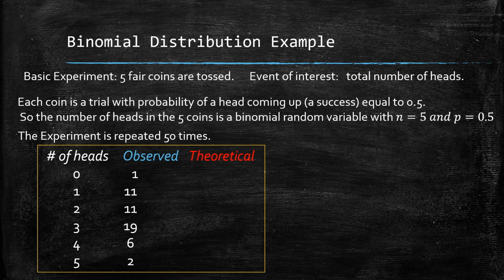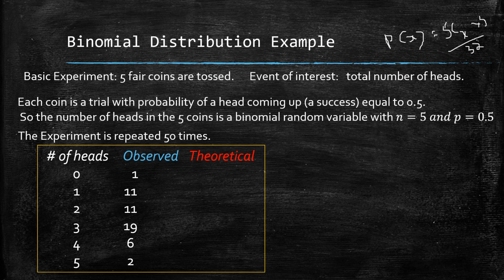Since the bases are the same, I can write it as 5Cx into half power x plus 5 minus x, which gives half power 5, that is 1 by 2 power 5. So that is 5Cx by 32. Now out of 50, for the expectation, we have to multiply this by 50.